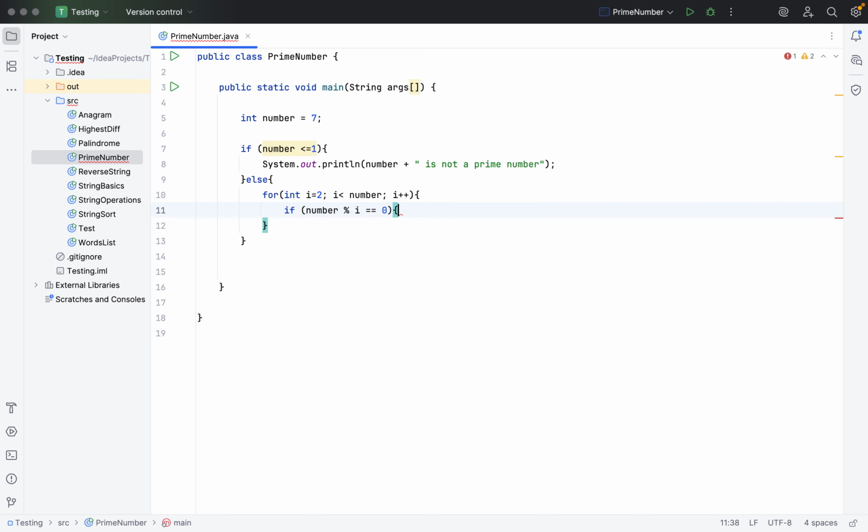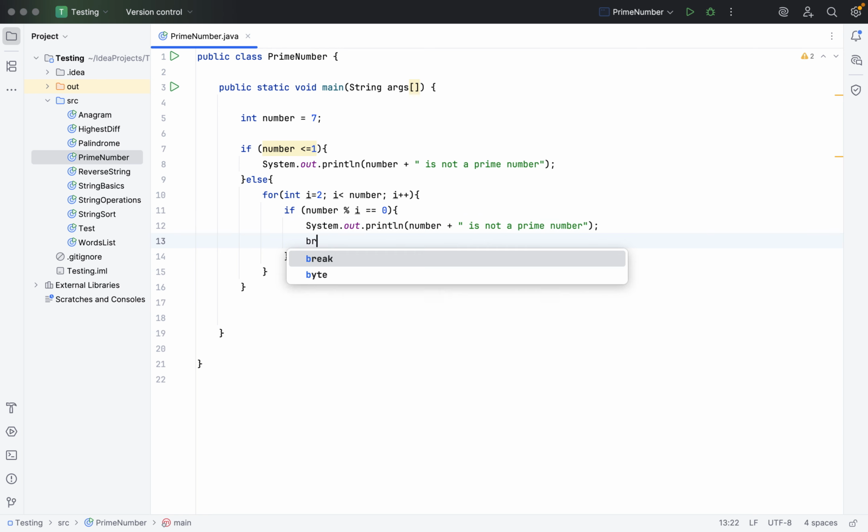It's completely divisible. If that is the case, then the number is not a prime number, and we'll break because we don't need to continue. It'll be more efficient. There's no need to waste time on multiple iterations.